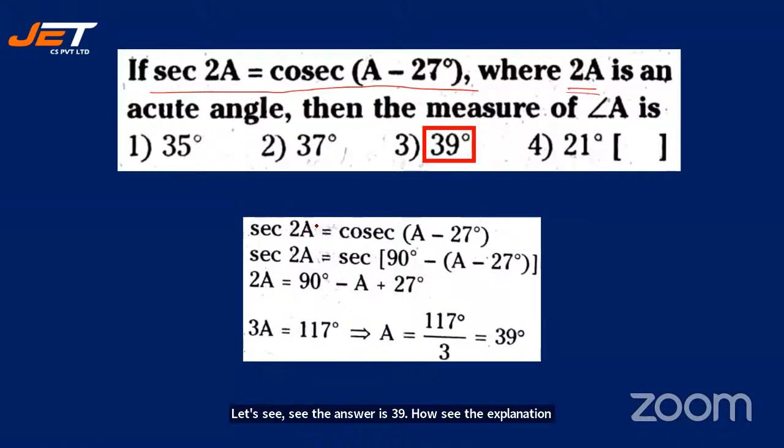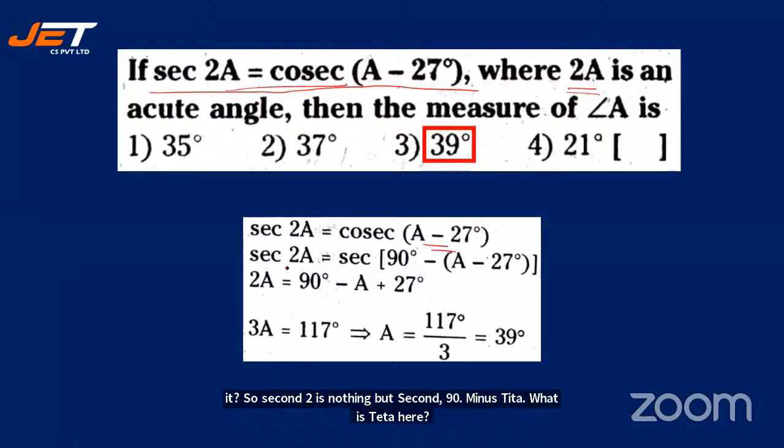What is secant 2A? It is nothing but cosecant of A minus 27, because that is what is given in the sum. So secant 2A is nothing but secant of 90 minus theta. What is theta here? A minus 27 degrees. So now what is 2A?